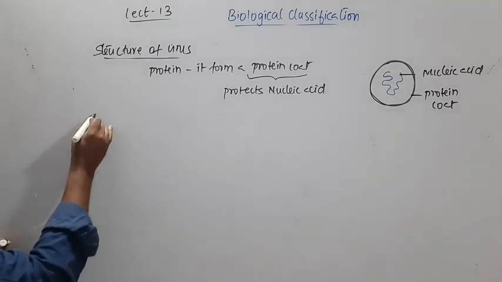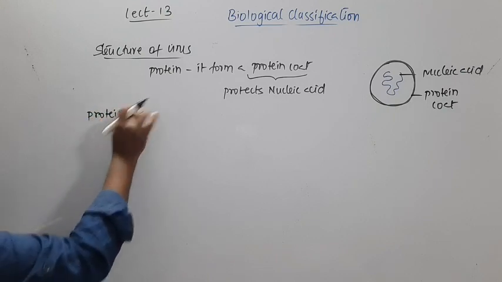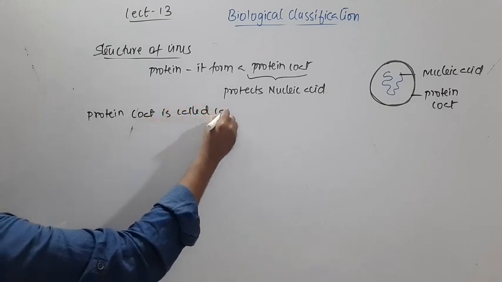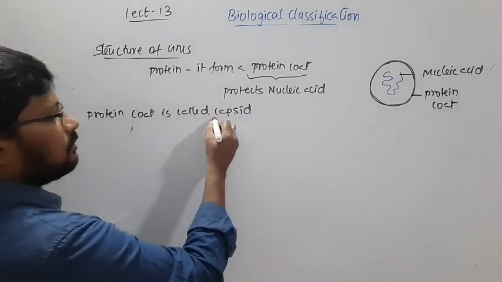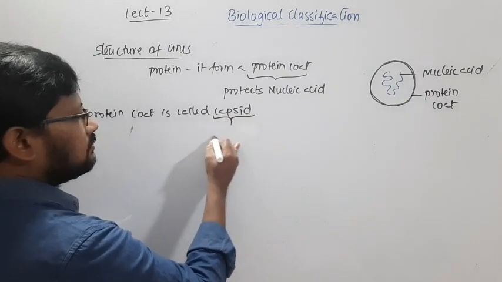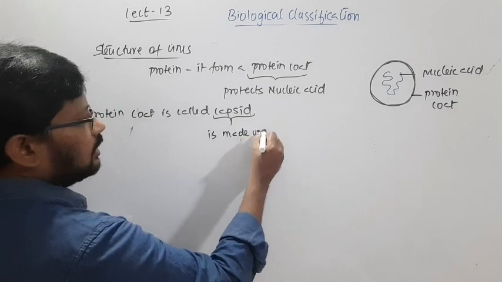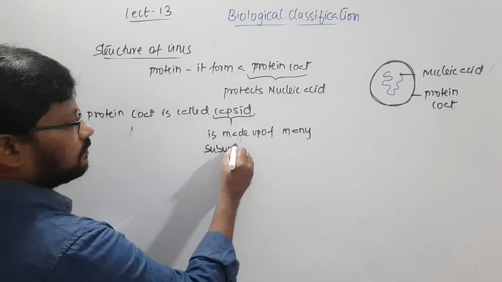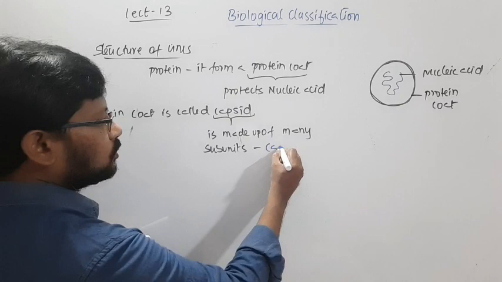Now the protein coat is called capsid, and this capsid is made up of many subunits. Those subunits are called capsomeres.